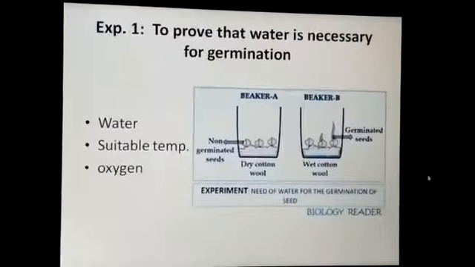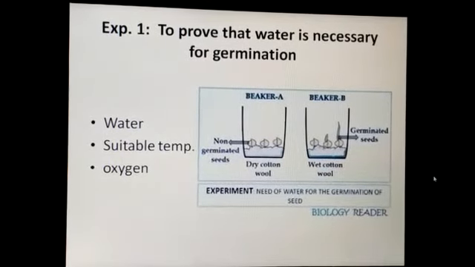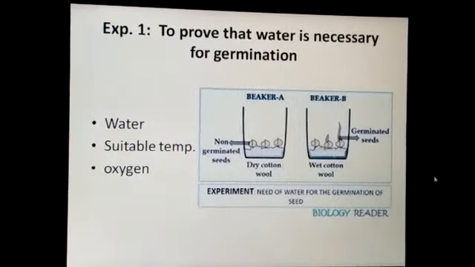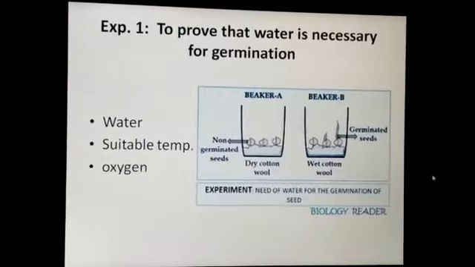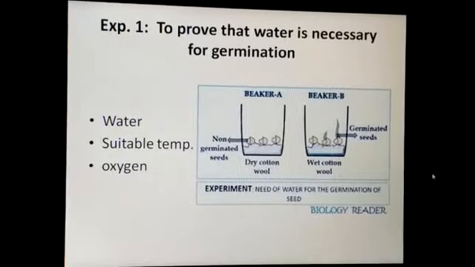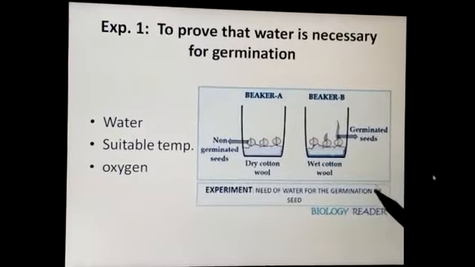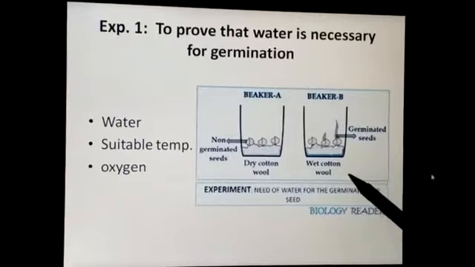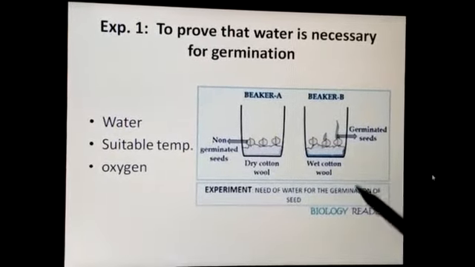We move to the first experiment to prove that water is necessary for germination. We know the 3 conditions which are required for germination: water, suitable temperature, and oxygen. Now, if any of these conditions in an experiment is missing, we then observe and prove that the condition is required.